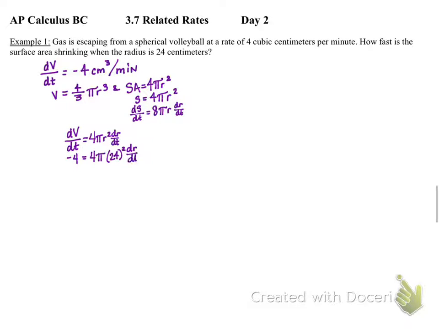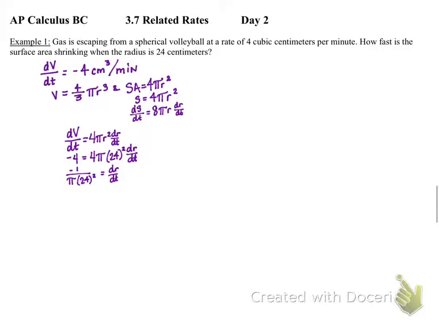And from here it becomes a fairly simple problem. We have -1 over pi times 24 squared, which would be dr/dt. And if you're me, you don't do any more work, because you don't necessarily think you need to simplify beyond that.